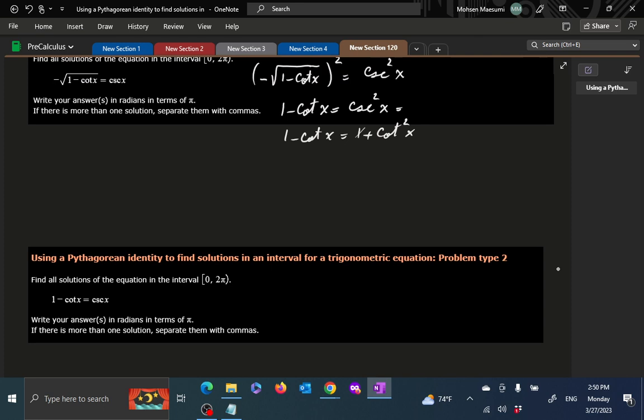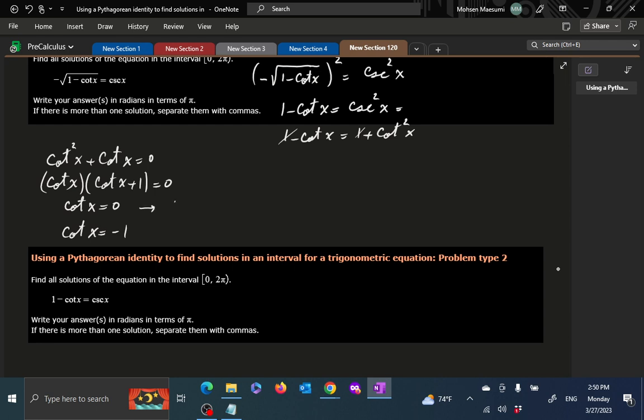Okay, ones cancel, bring cotangent to one side, so I'll have cotangent square of x plus cotangent of x equal to 0. Factor out a cotangent, and it becomes cotangent of x times cotangent of x plus 1 equal to 0, very similar to what we just saw. So either cotangent of x is 0 or cotangent of x is equal to minus 1.